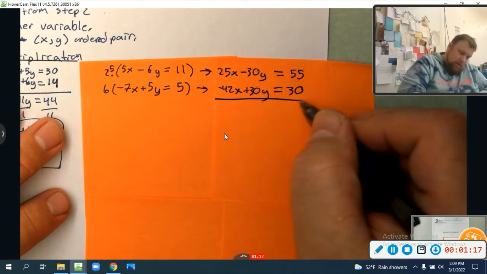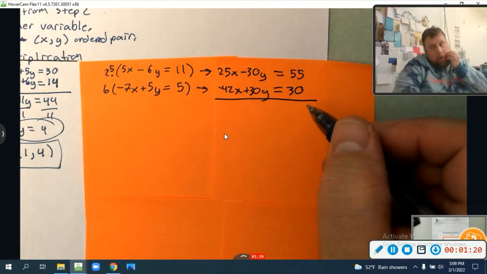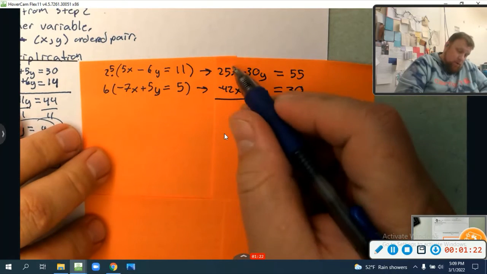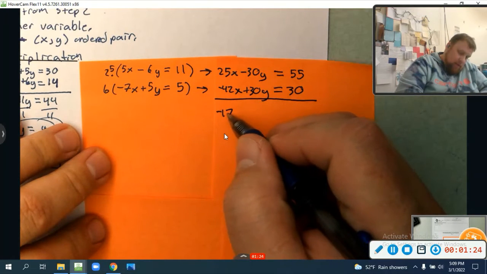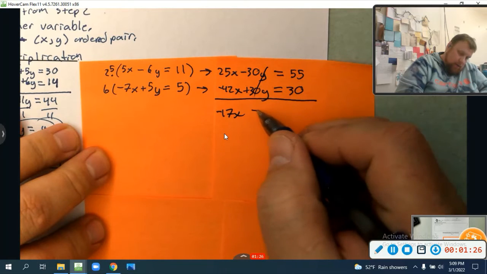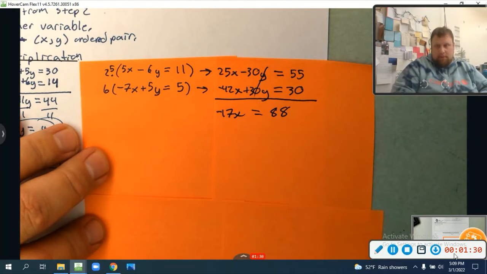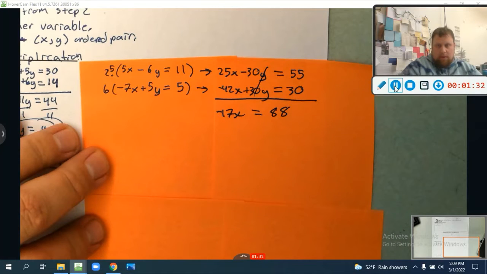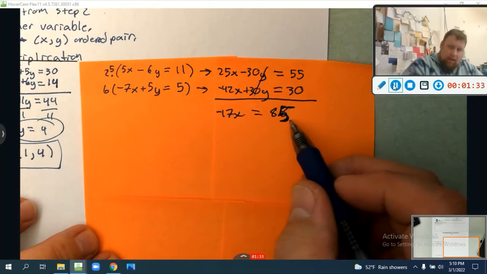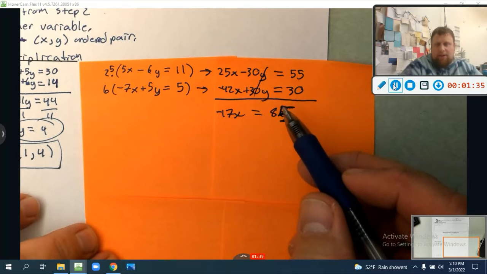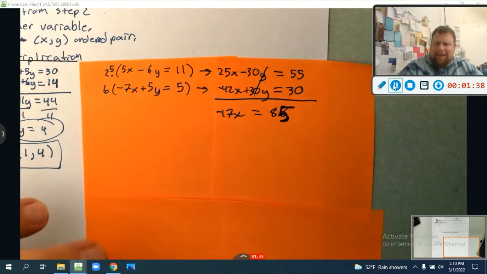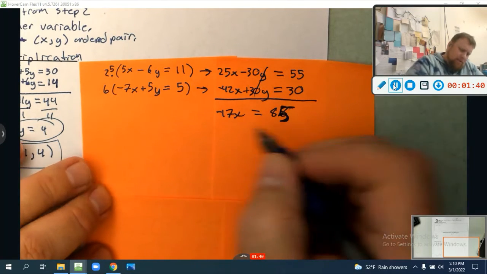This is going to be so much better. You can trust that. So what do we have here? We have negative 17x. This goes away. Equals 88. Again, right here, 55 plus 30, let's make no mistake, is 85, not 88. I don't know what's happening in my head, but let's finish this out.